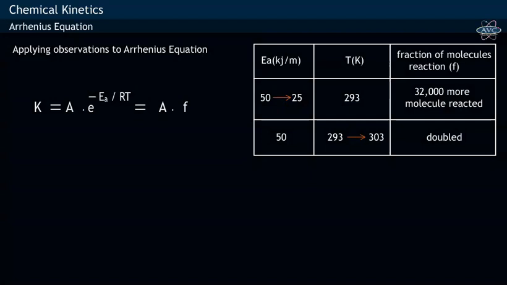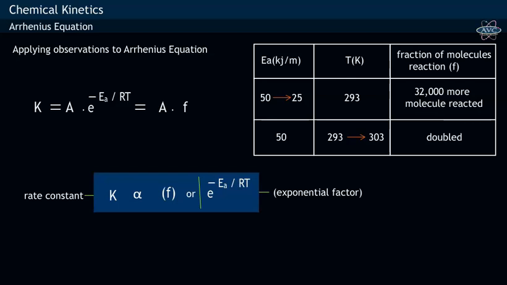Now, let us apply these observations of activation energy and absolute temperature in the Arrhenius equation. From the Arrhenius equation, the rate constant is directly proportional to the exponential factor e to the power of minus Ea by RT.